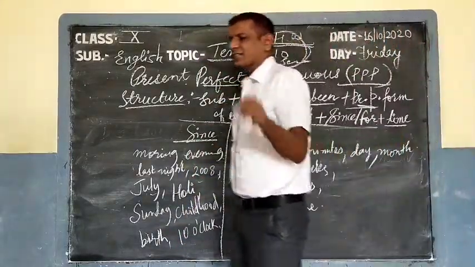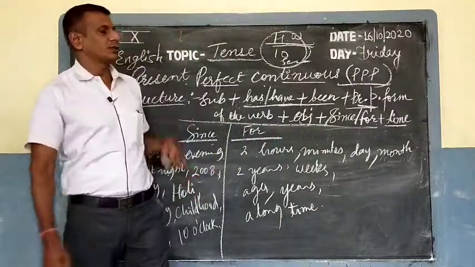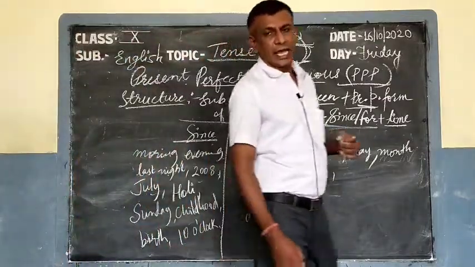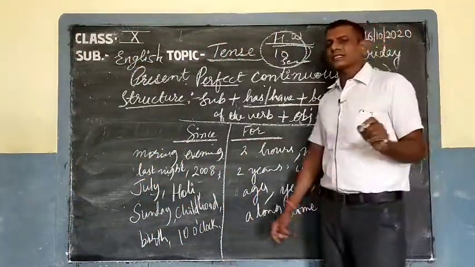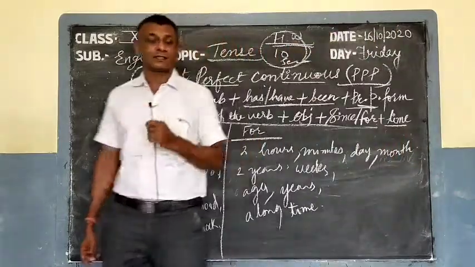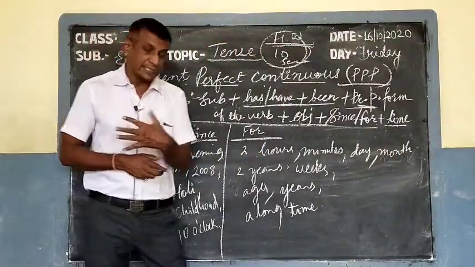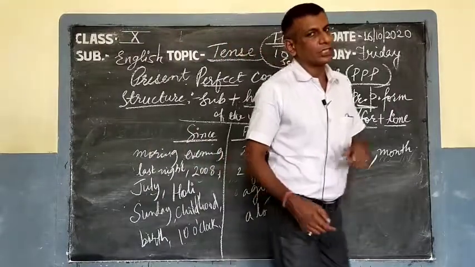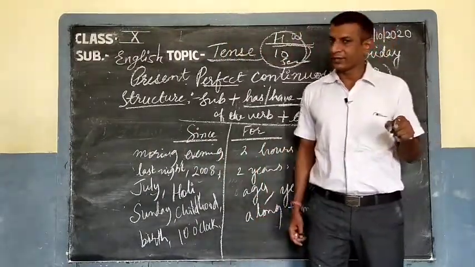You will write them in your fair notebook and send this work to me, and we will do the exercise of this tense, how the sentences are given in the exams, in your next video. Thank you so much.